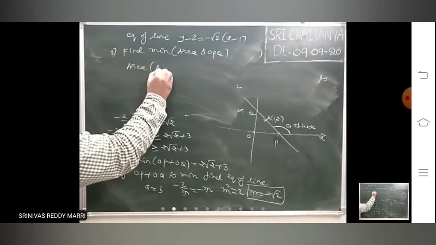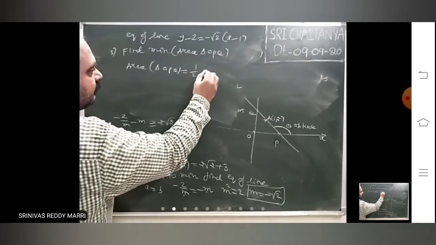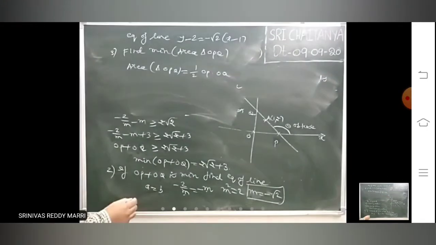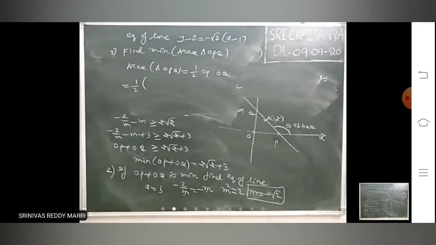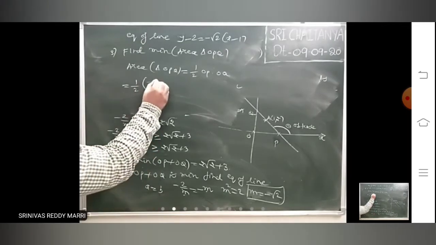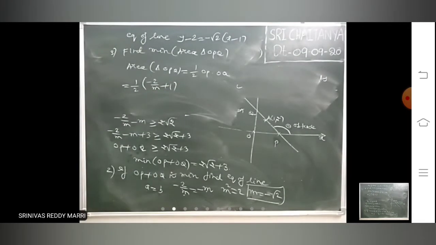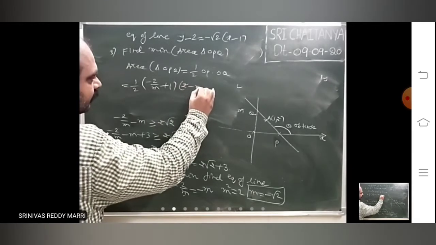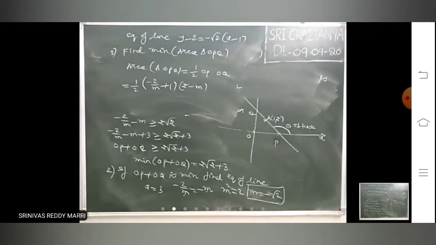In the previous problem, we have calculated what OP is, what OQ is. That means this is nothing but half into OP, which is minus 2 by M plus 1, into OQ which we have calculated. This is the area of triangle OPQ.